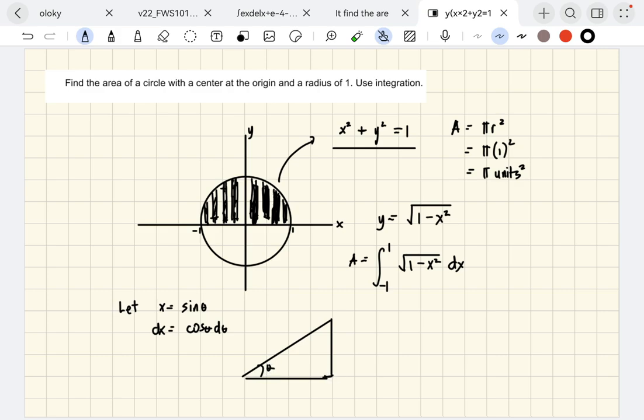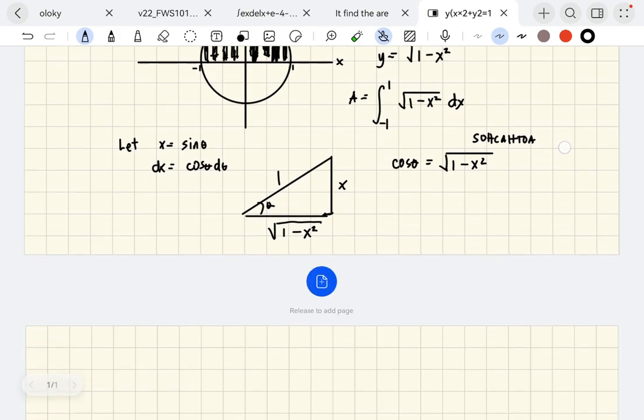So this is x and this is the hypotenuse, and this would be the adjacent side, which is square root of 1 minus x squared. And using the triangle's relationship, I know that cosine theta is equal to adjacent over the hypotenuse. So you can recall SOHCAHTOA. So this would become square root of 1 minus x squared over 1.